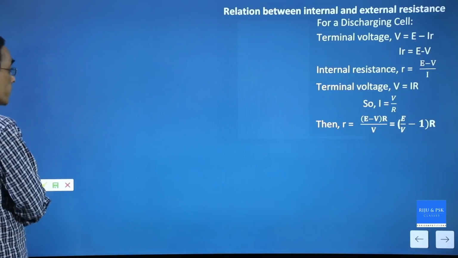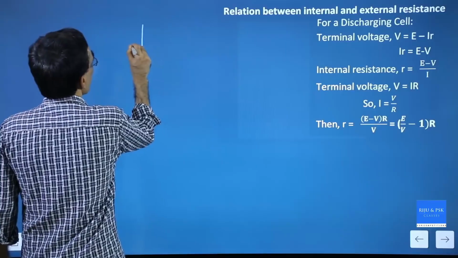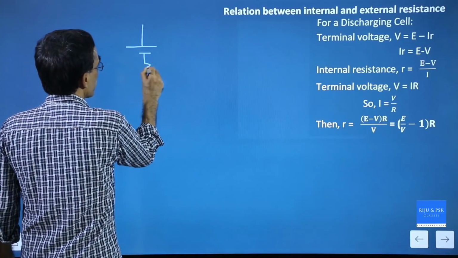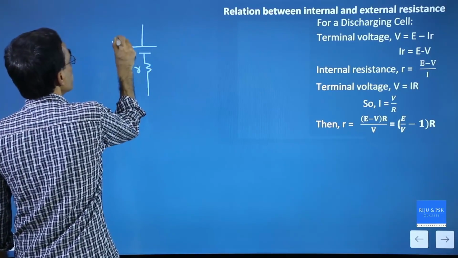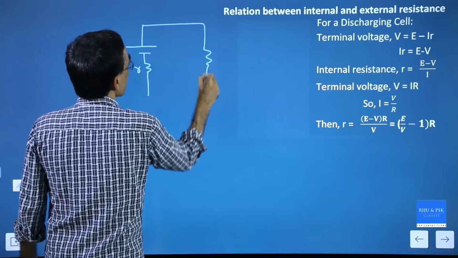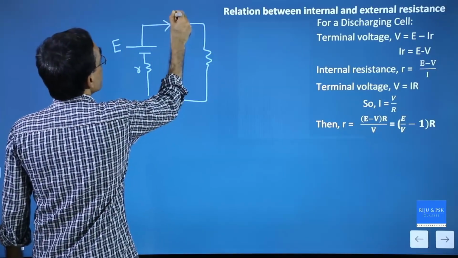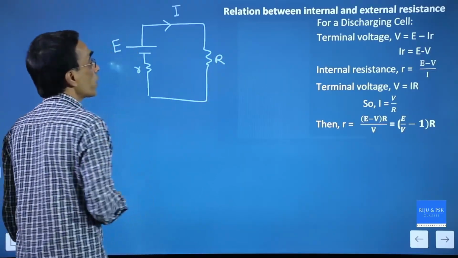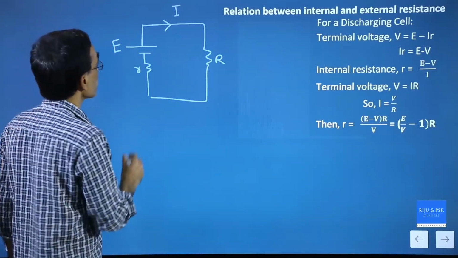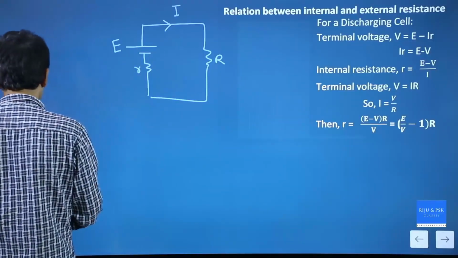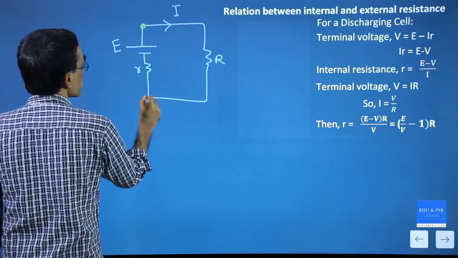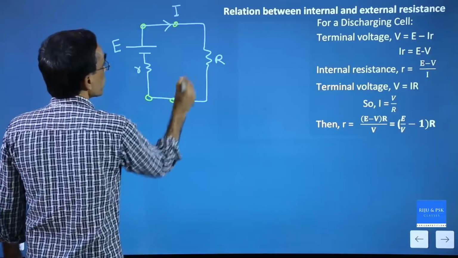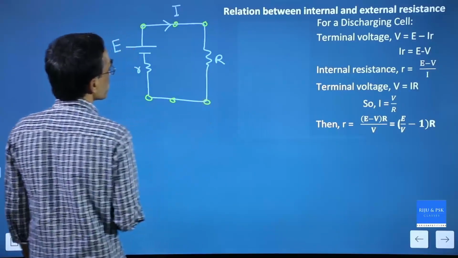Okay, let us do that again. Consider a cell with its EMF and internal resistance, and an external resistance. There is a discharging current I. This resistance is R. Where do we mark the terminal voltage? Terminal voltage can be marked between any of these pairs of points.